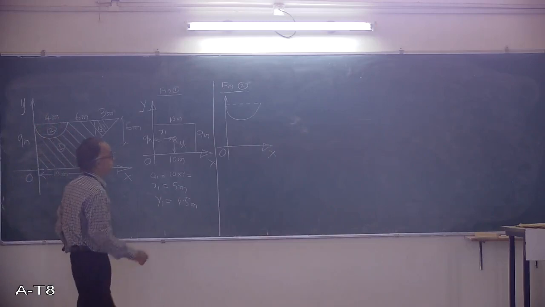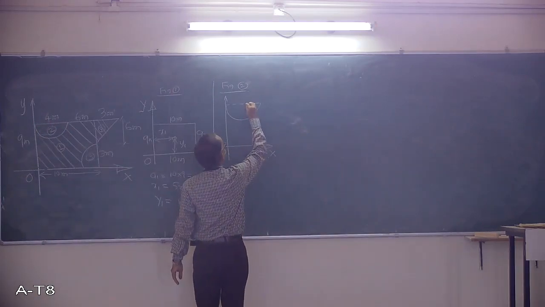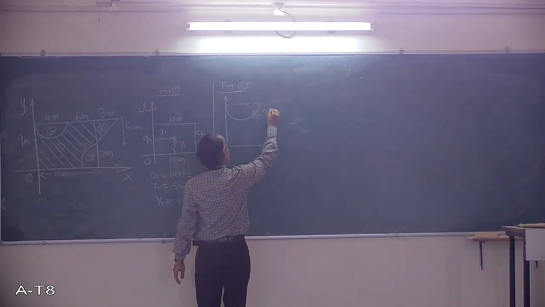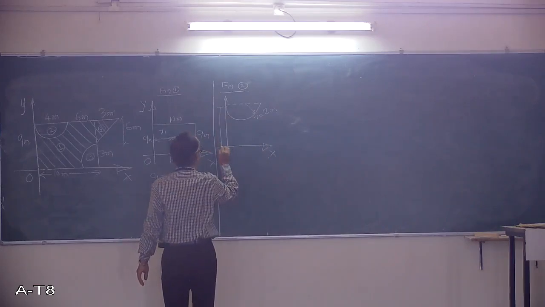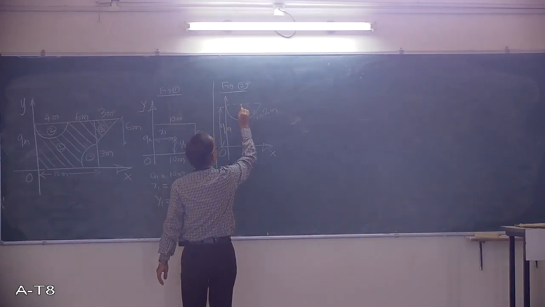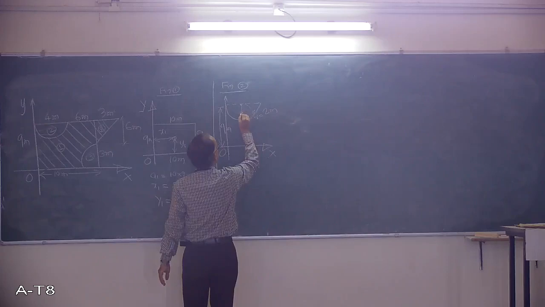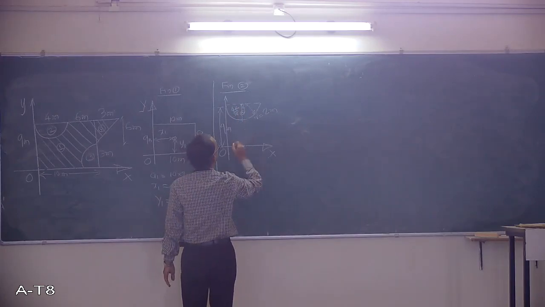This is 4 meter, so the diameter is 4 and the radius r is equal to 2 meter. So this is 9 meter. And I told you the centroid will be at this point, this value 4r upon 3 pi.